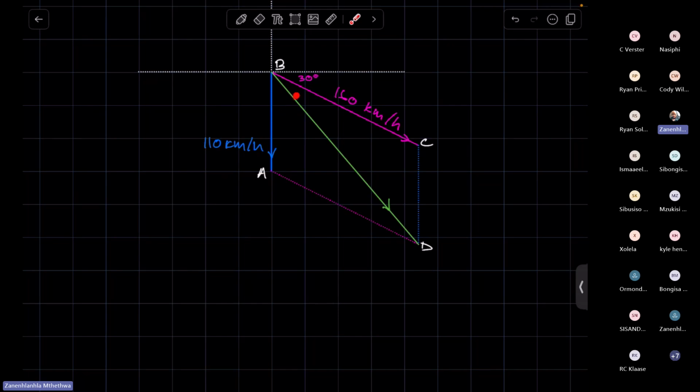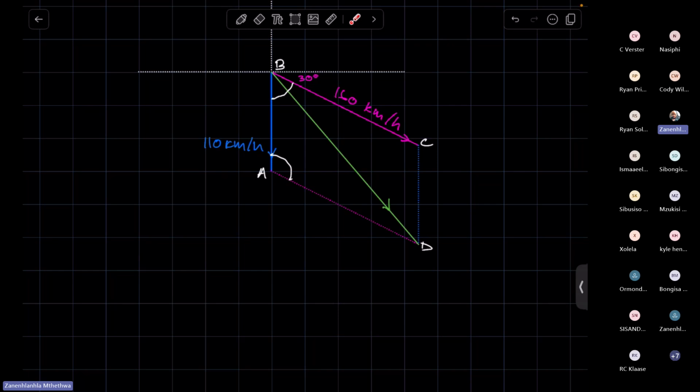So if this here is 60 degrees, and this angle is co-interior with this angle, what is this angle equal to?